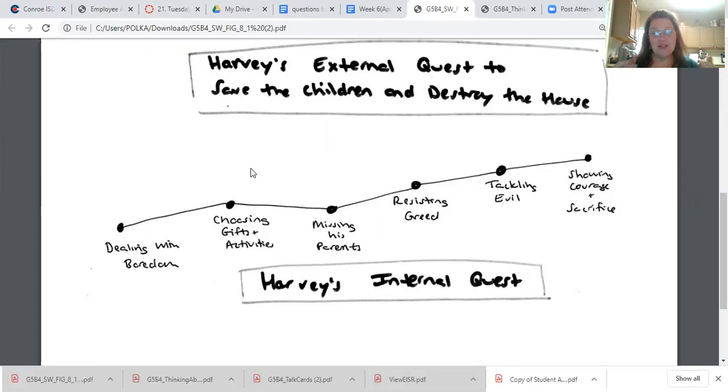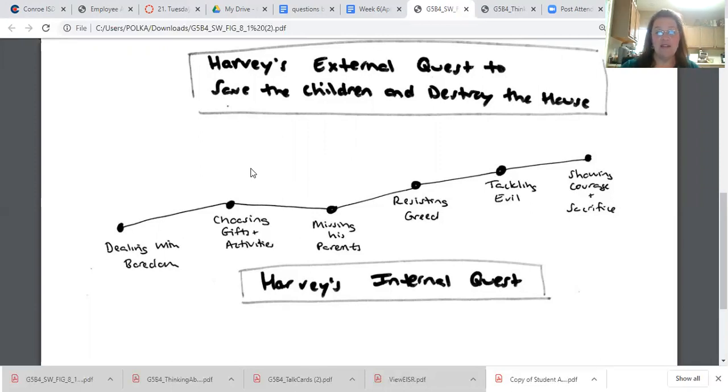And then he moves up to resisting greed. Think about when he was turned into that creature, or the amount of presents that he's getting. He's resisting that greed, and even for food, which we saw Wendell's not so good at doing, as Harvey is with resisting the food. And then he's going to be tackling evil and showing courage and sacrifice.